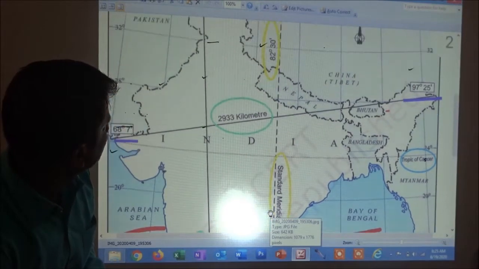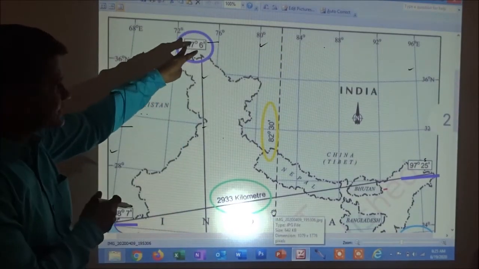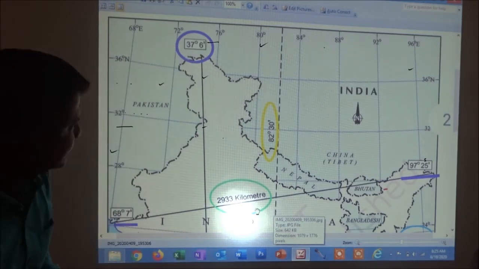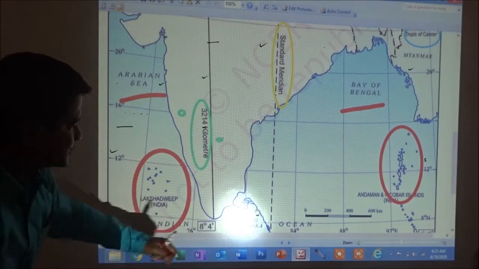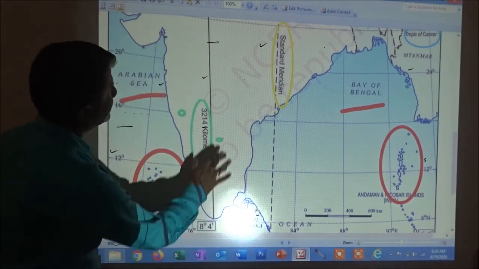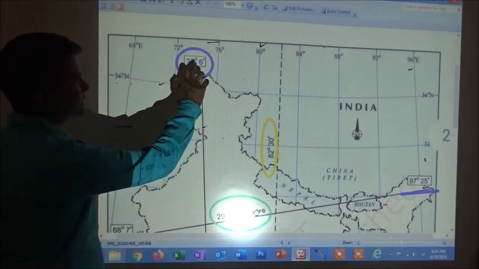Look, this is what we have discussed. If we look at the south, it starts at 8 degree 4 minute, and in the north it goes up to 37 degree 6 minute.